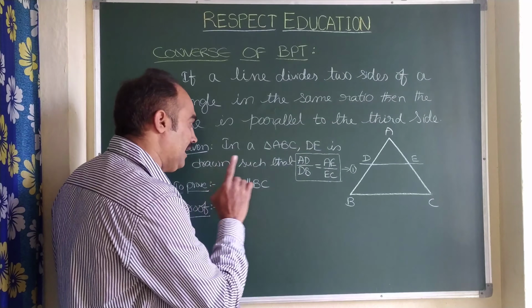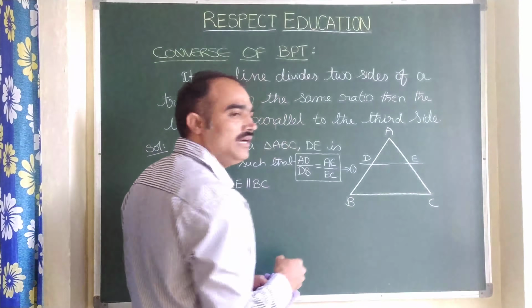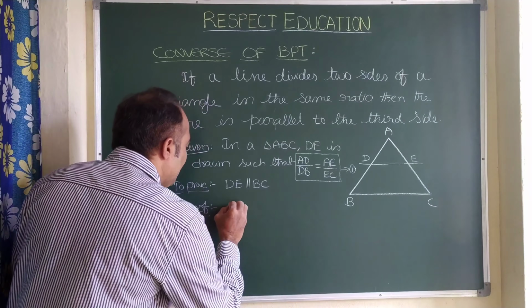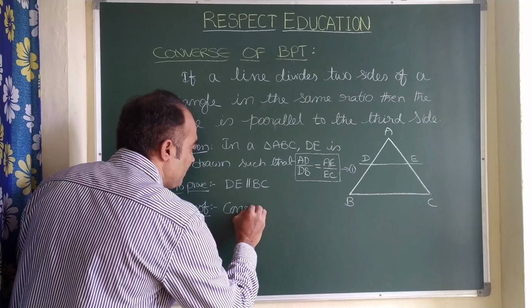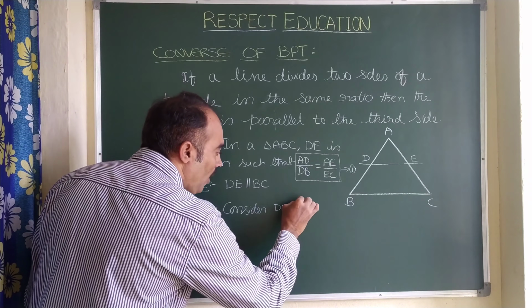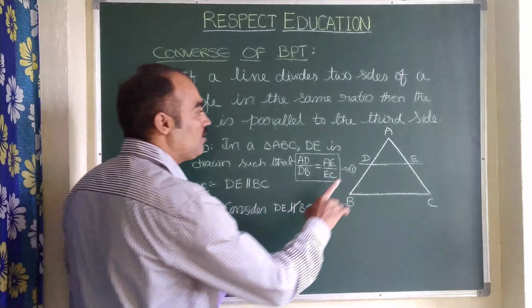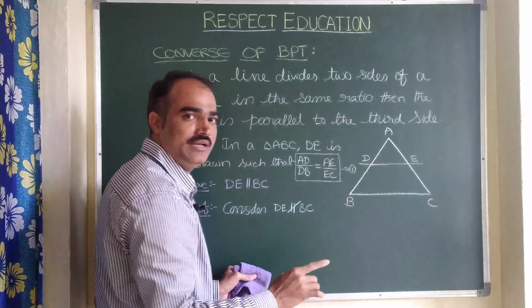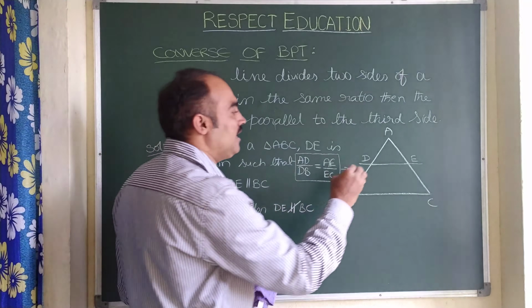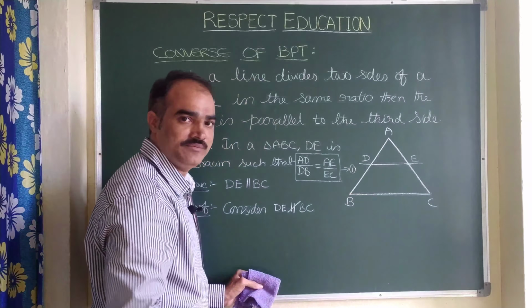So let us take the case that DE is non-parallel to BC. Finally we are going to prove DE is parallel to BC only. For the time being we are just taking that DE is not parallel to BC.